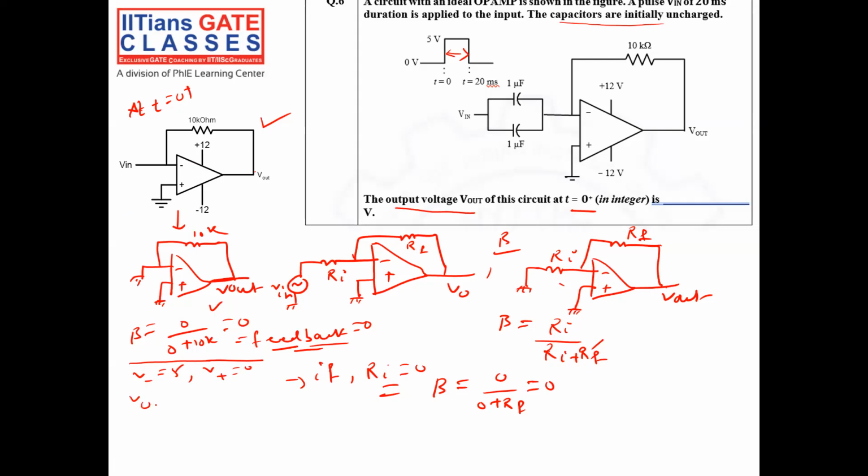So V out is equal to gain into V plus minus V minus. The gain here is how much? It's an ideal op amp, so infinite gain, into 0 minus 5. So I'll get minus infinity. V out is ideally minus infinity, but it cannot go to minus infinity.